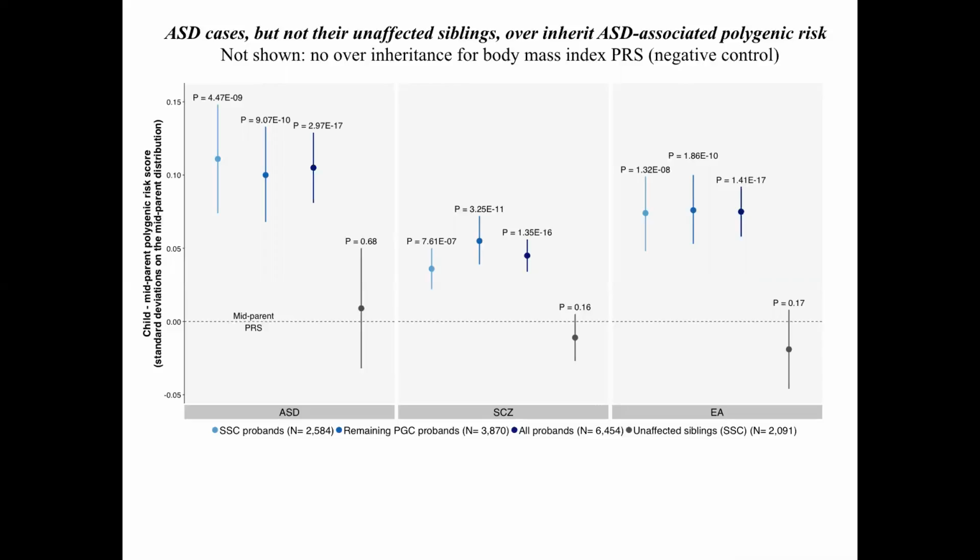So just showing that a class of polygenic risk that we didn't think would be associated with autism indeed appears null when performing PTDT in the Simons cohort and the PGC replication cohort.